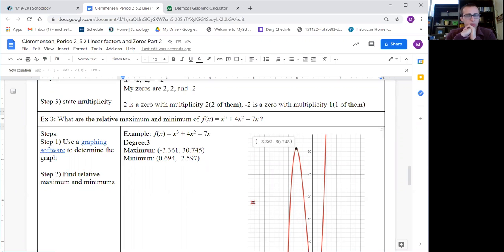Any questions about finding maximum and minimums? Any questions in general about today's lessons? Anything you want to go over again before we start the You Do problems below?